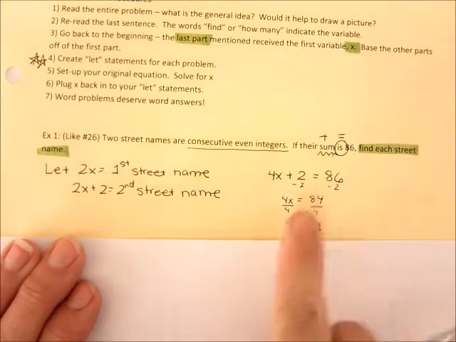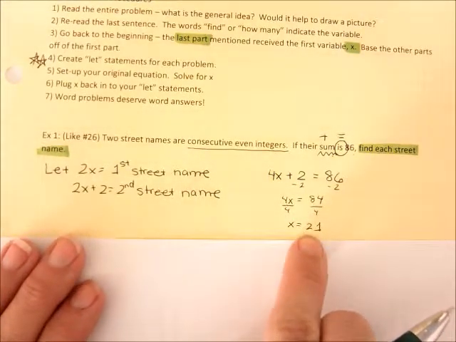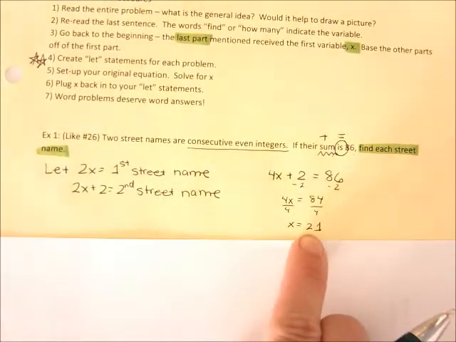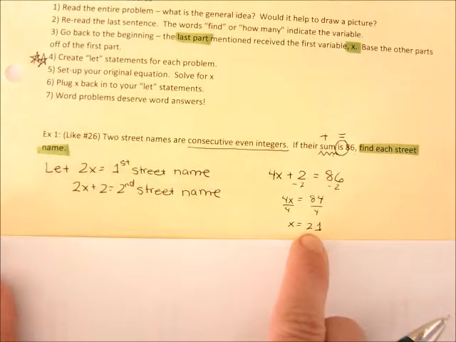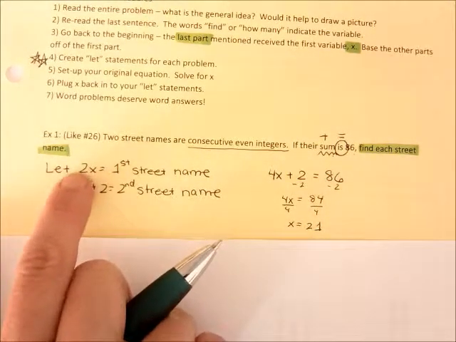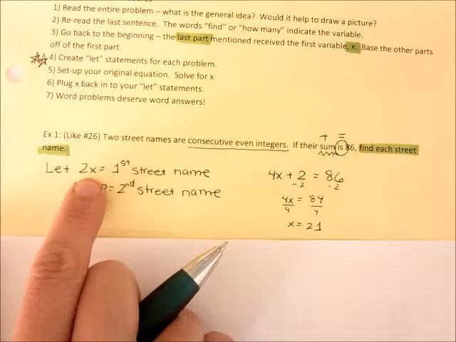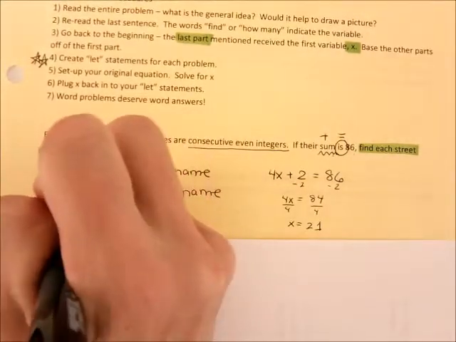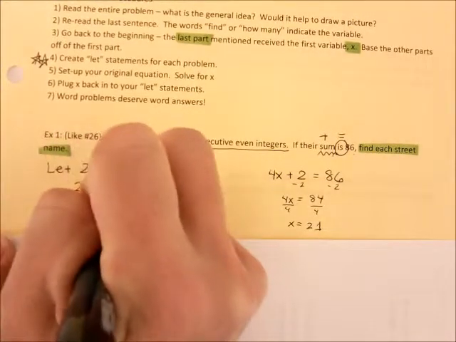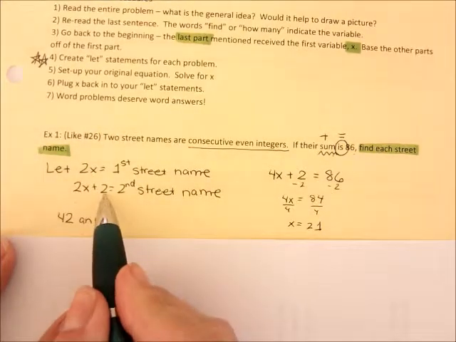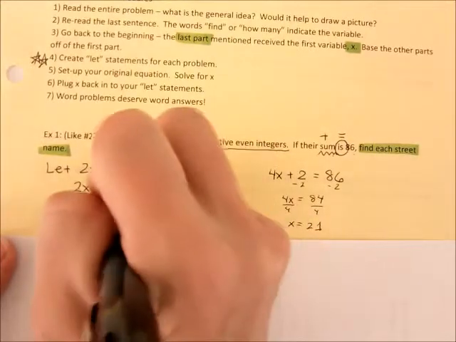Now this is x. It is not our street name. You notice that this is not even also. So now we're going to plug it back in. What is twice 21? Okay, so 42 is the first street name. And add 2 more. 42 plus 2. 44.